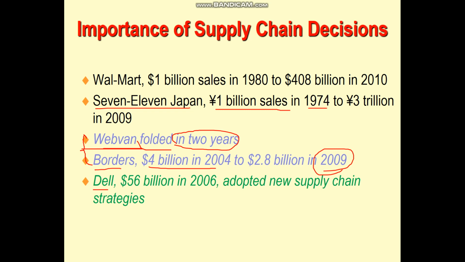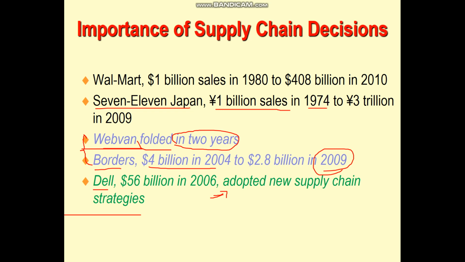They are also an example of using the supply chain successfully, and they achieved $56 billion in 2006, and luckily they were able to adopt new supply chain strategies. That's why they became a strong company like today.